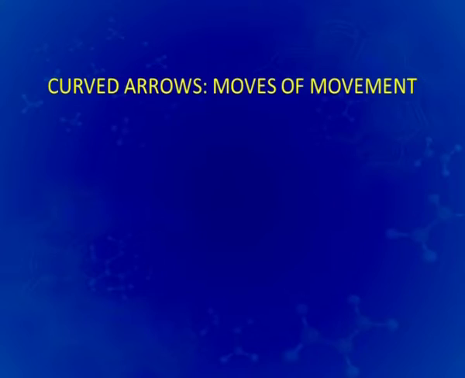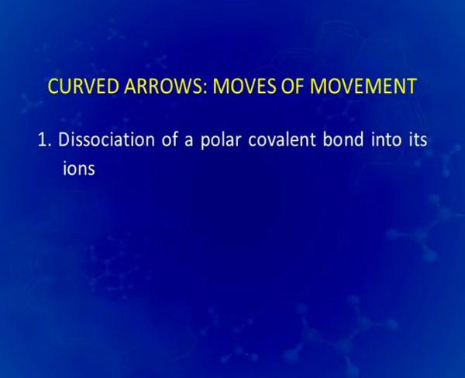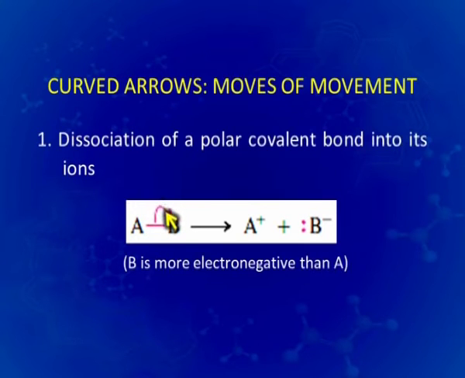There are a number of ways by which curved arrows can be used in various types of reactions. What are these types? One type shows the dissociation of a polar covalent bond into its ions. As we saw in the case of heterolytic fission, if B is more electronegative than A, the arrow depicts the movement of the pair to B and leads to the formation of ions.